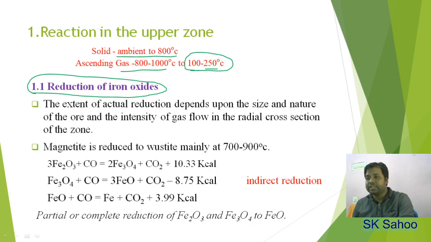All these reactions can take place in this upper zone, but preferably the hematite to magnetite reduction is instantaneous. Why is it instantaneous? We have studied the dissociation pressure of oxygen associated with hematite.